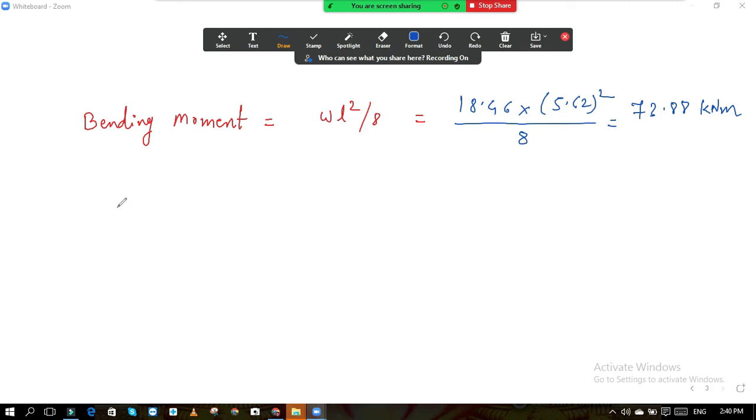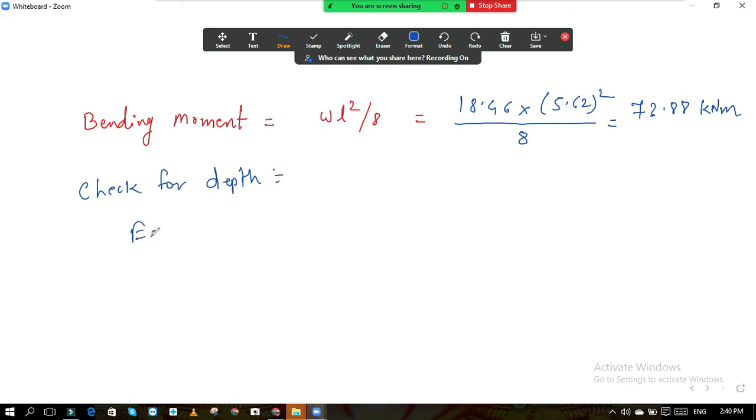So now check for depth. How to check the depth?